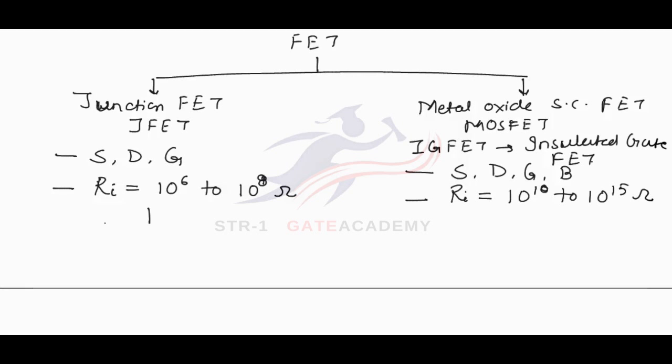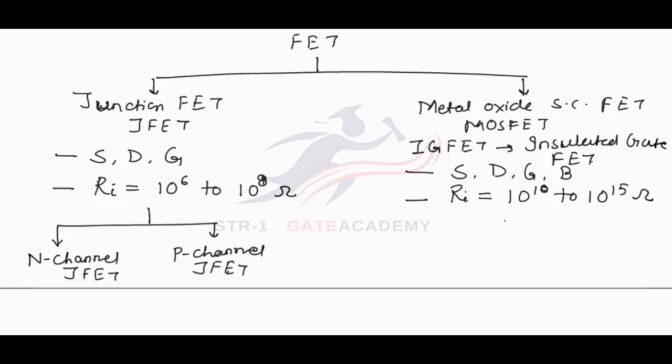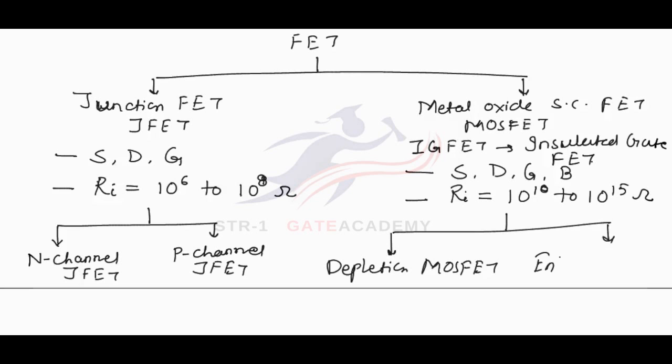Junction field effect transistors are divided into two types, that is N-channel JFET and P-channel JFET. While MOSFETs are divided into two types, one is depletion MOSFET and the other is enhancement MOSFET.